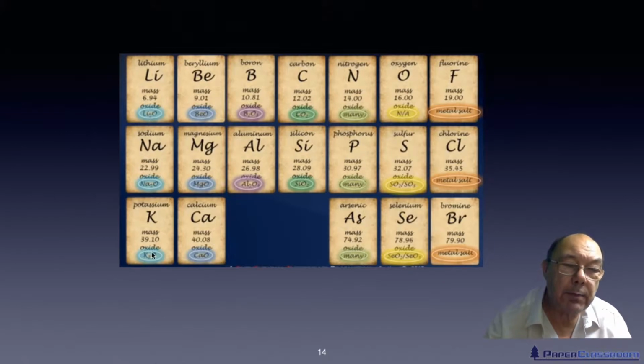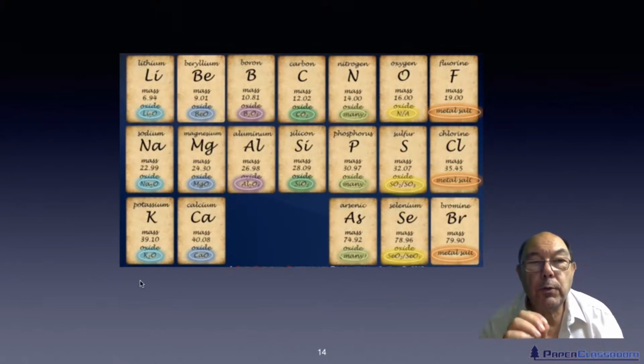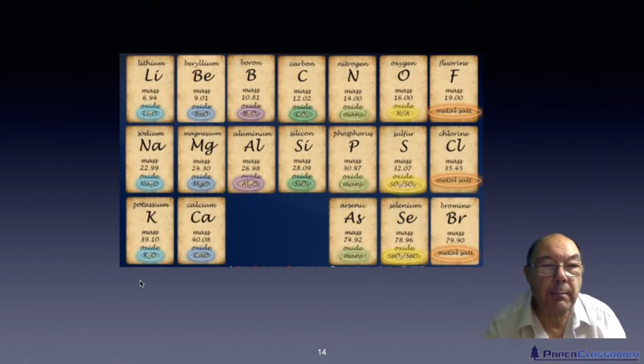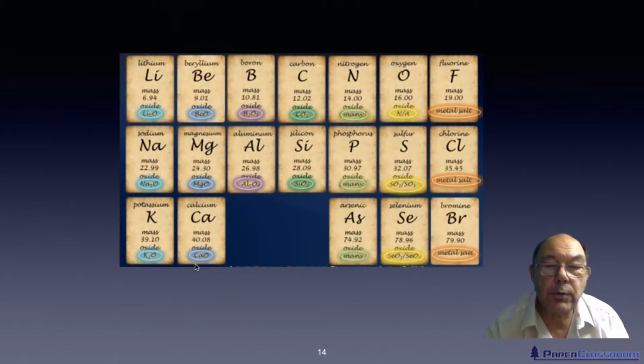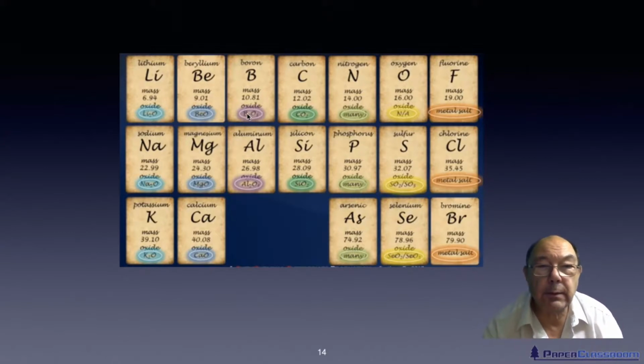There, in this particular column, there were 2 atoms of the metal per oxygen. Here, there was 1 atom of the element per oxygen. Here, it was the ratio of 2 to 3. There were 2 atoms of the element for every 3 oxygens.